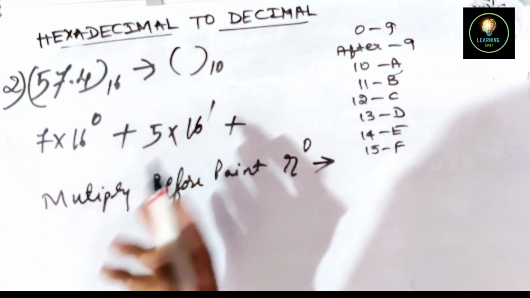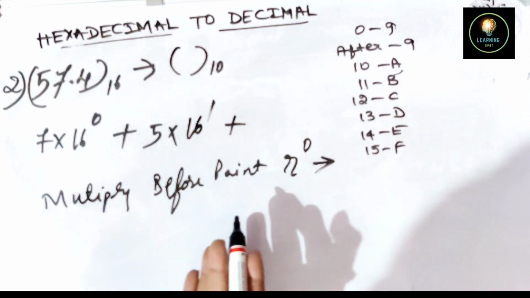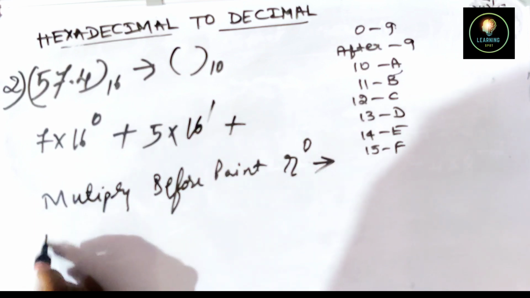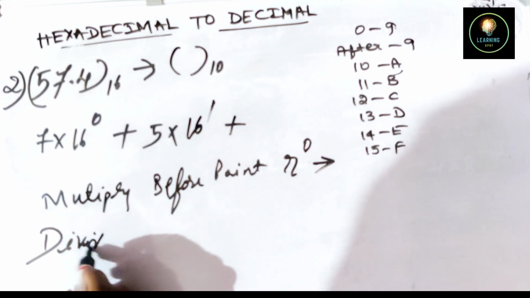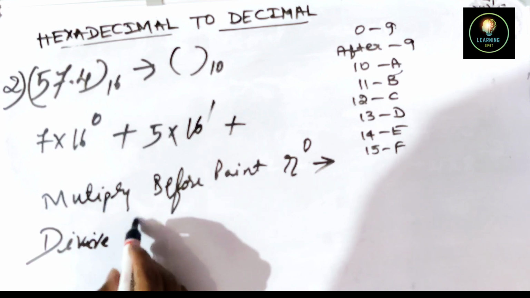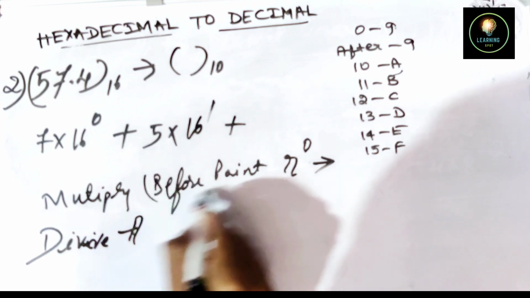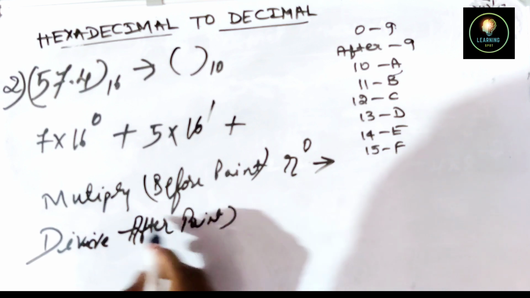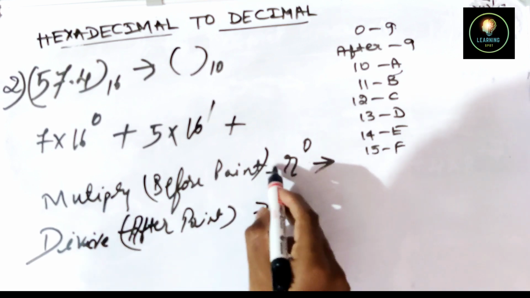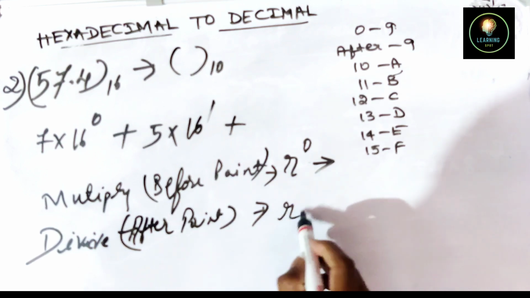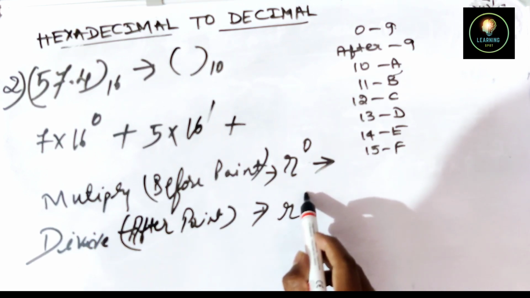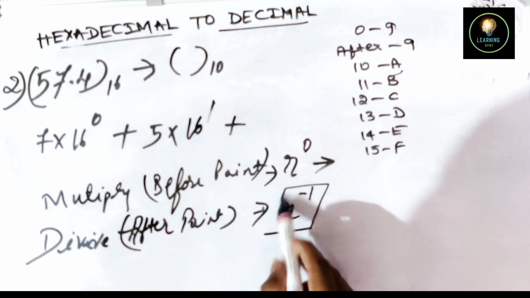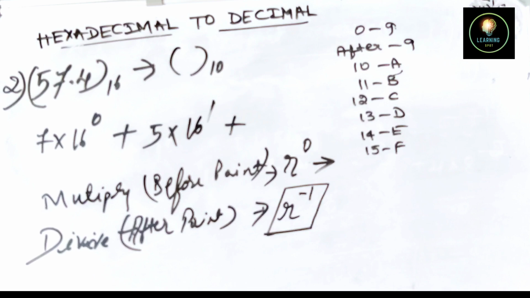If the digit is after the point, we have to divide by R to the power of 1, that is, multiply by R to the power of -1. It starts from -1.